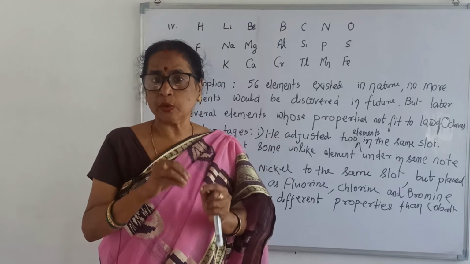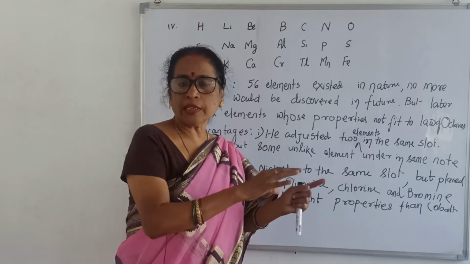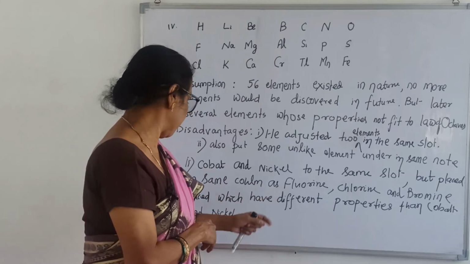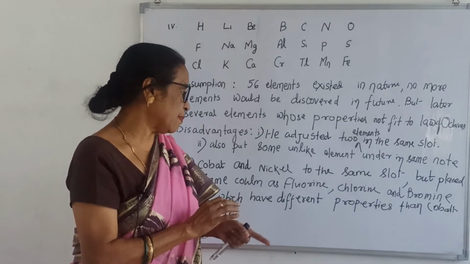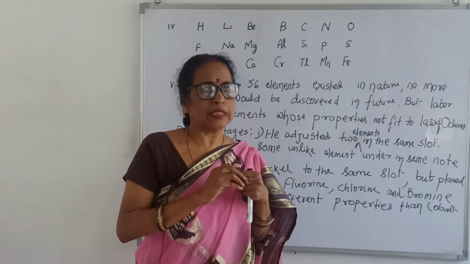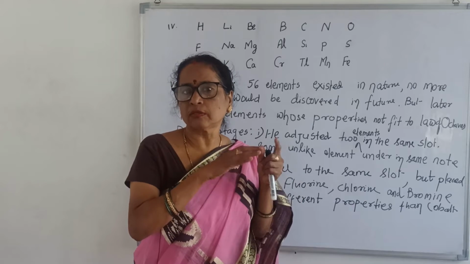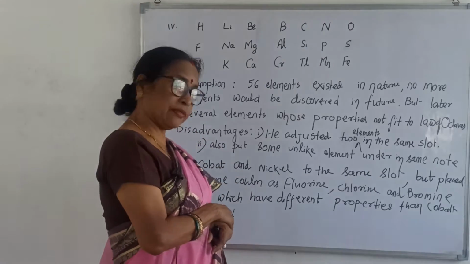Fluorine, chlorine, bromine are similar in nature, but cobalt and nickel have properties totally different from these three. Cobalt and nickel properties are not the same, but again he put them along with fluorine, chlorine, bromine. That is why these are the main disadvantages.